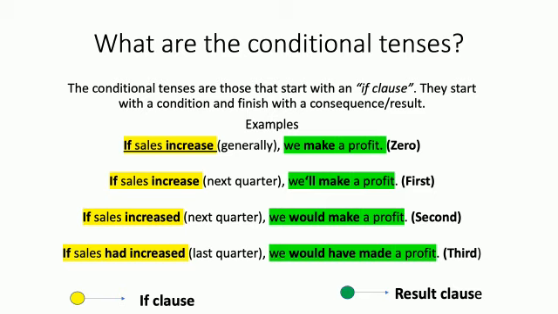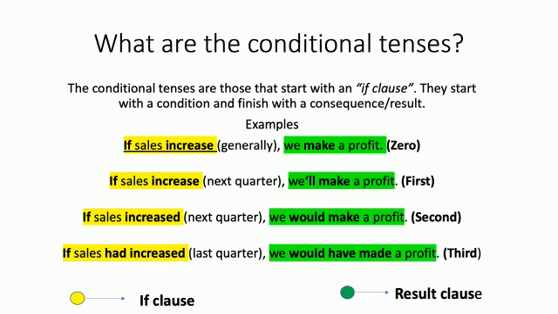Well, as you see in the examples, we have the same example in the four different types of conditional. We have zero, first, second, and third. We have four conditionals, four types. So the first one: if sales increase, we make a profit.